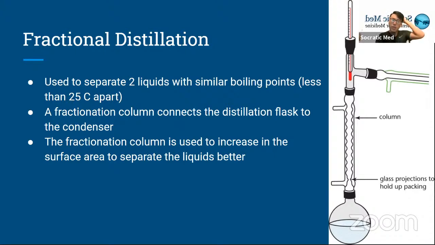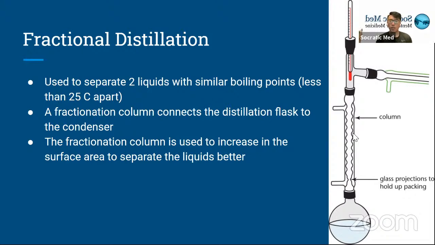Fractional distillation involves a fractionation column. It's this long column in the middle with the little ridges in the center. The fractionation column connects the distillation flask to the condenser. So it's basically simple distillation, but with this extra column attached.